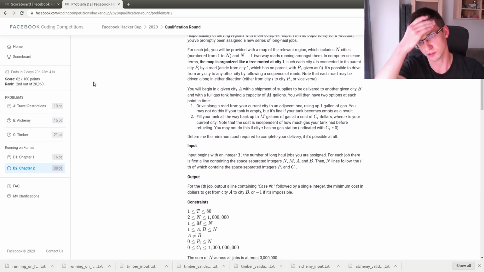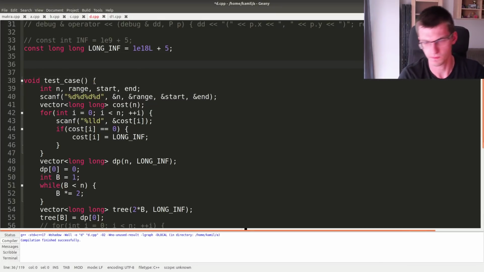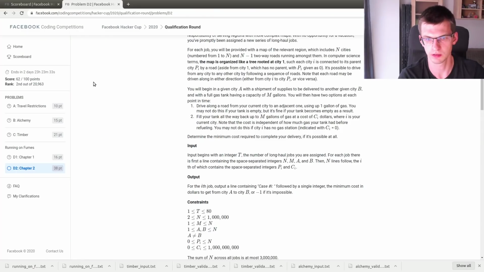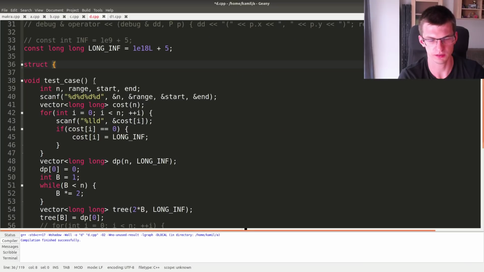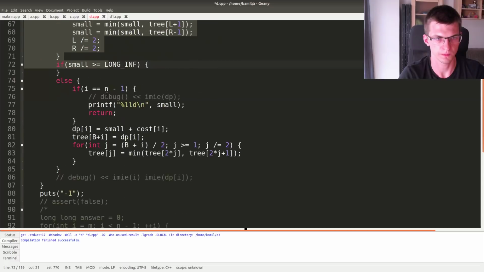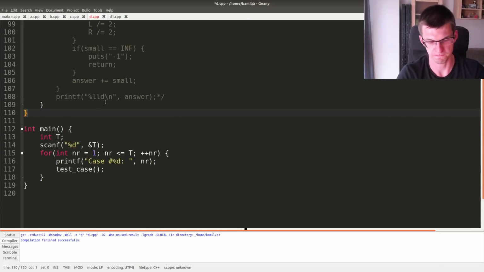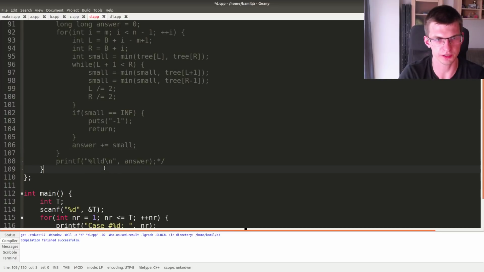Okay, long longs will be necessary. I want to make everything in a struct. 80 test cases. Let's do it. I just don't want to worry about clearing everything after a test case.